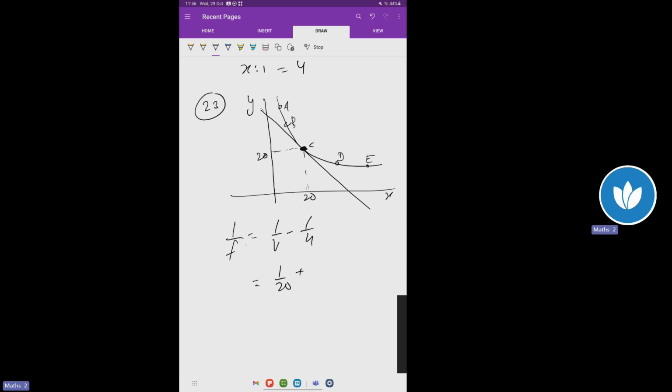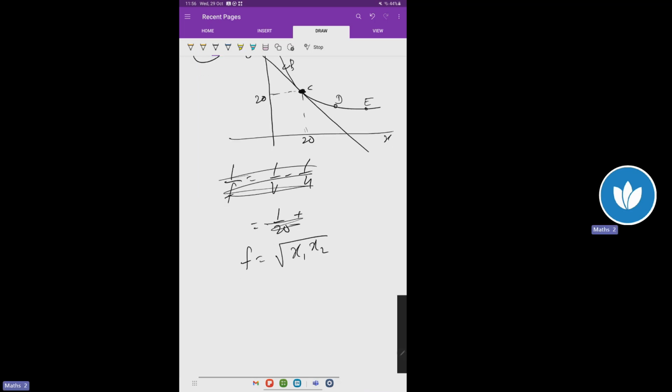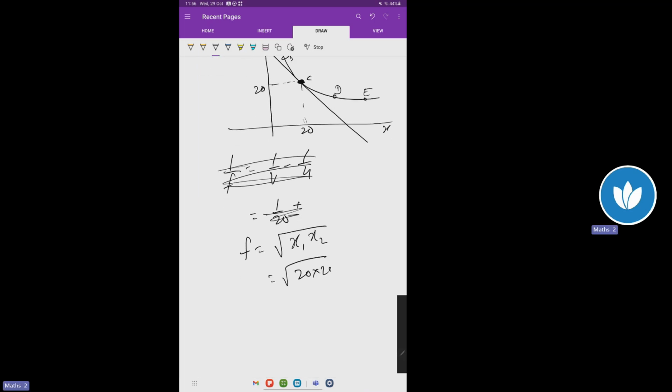So distances are given from the focal point, so we will apply Newton's formula, x1 x2, under root 20 into 20. F is 20 centimeter.